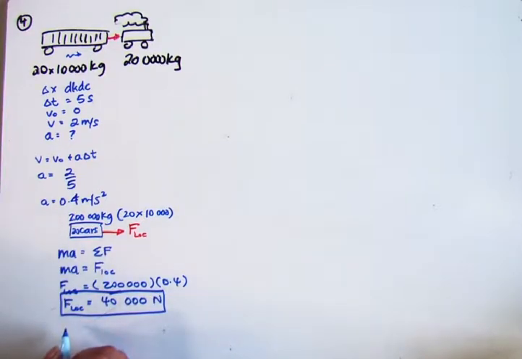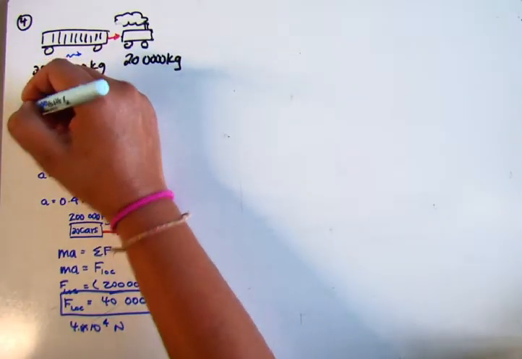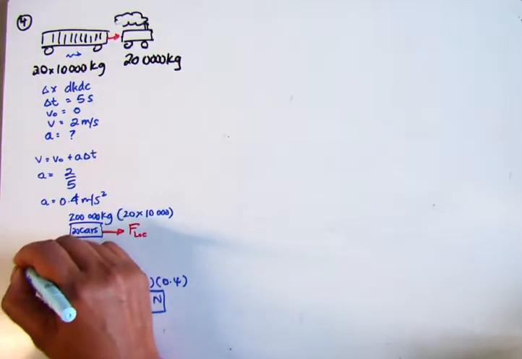In the answer sheet, it's written 4 times 10 to the 4 newtons. And that's just scientific notation. If you were being really picky about your significant digits, all these zeros should not count. If there's only 2 sig figs, it would be 4.0 times 10 to the 4. But that's how you would do A. This is for part A. I can put part A down here.